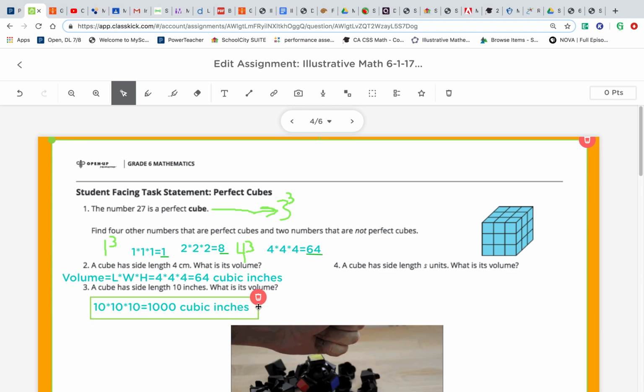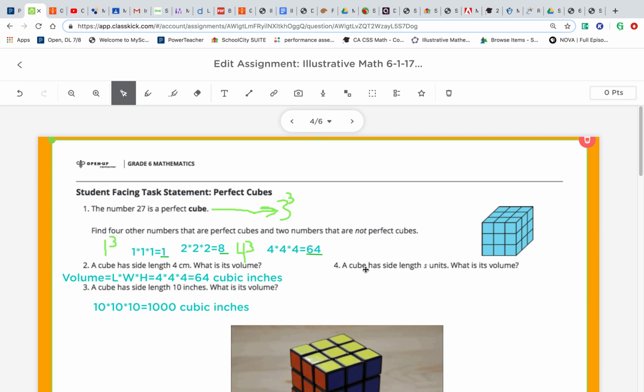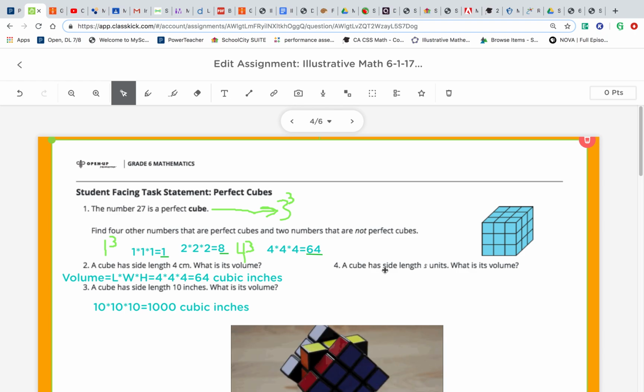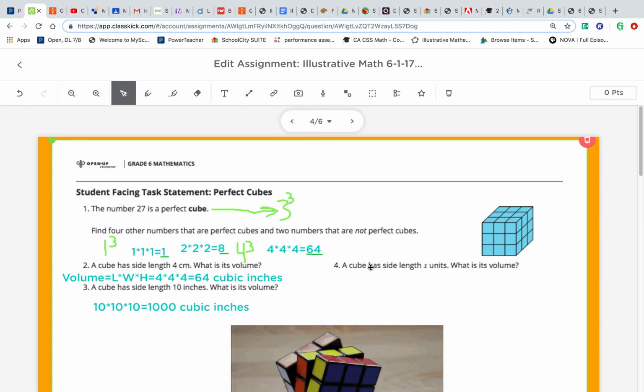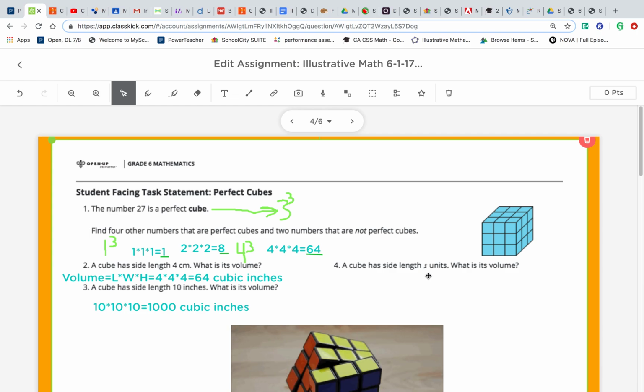Keep this in mind. A cube again, so they're all the same, has side length of S units. What is its volume? Since it's a cube, all the sides are going to be the same, but S is not an amount, so we can't come up with a specific amount.